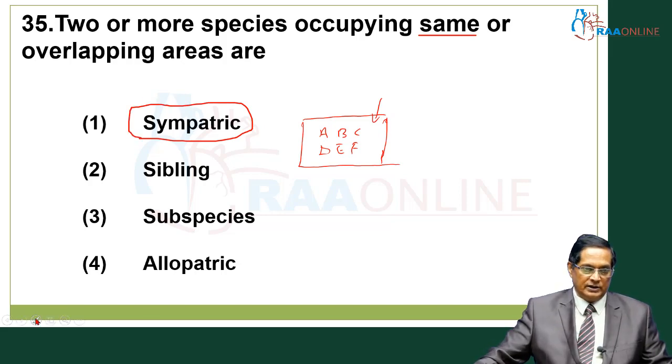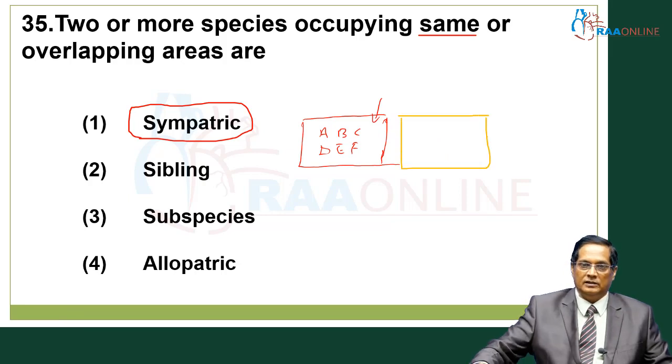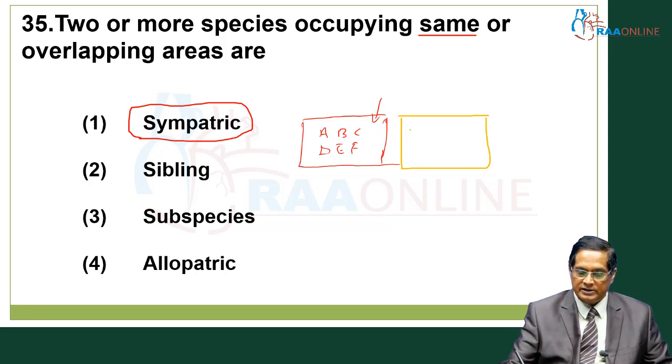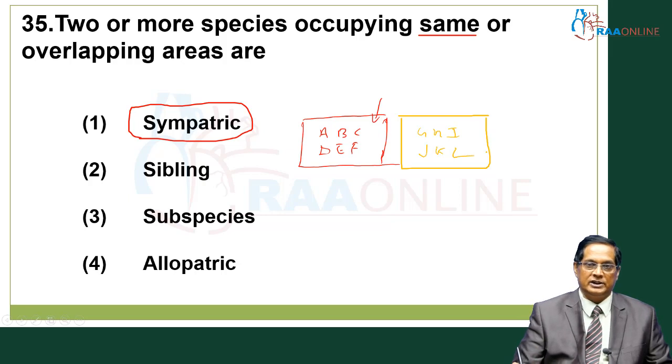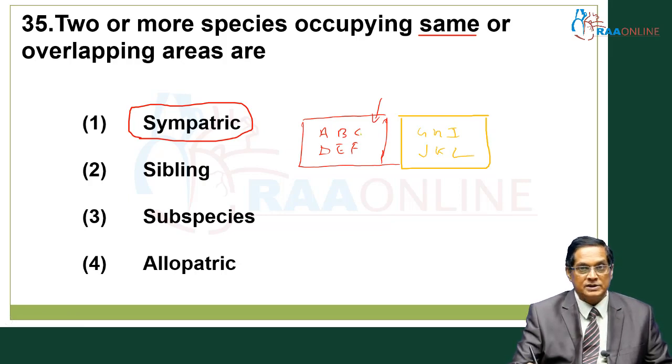Let's know the other one also. This is second area. Here we write G, H, I, J, K, L, etc. A, B, C are from same area, they are sympatric. Similarly, G, H, I, they are from same area, they are sympatric.